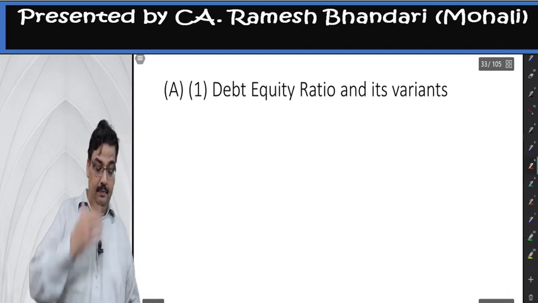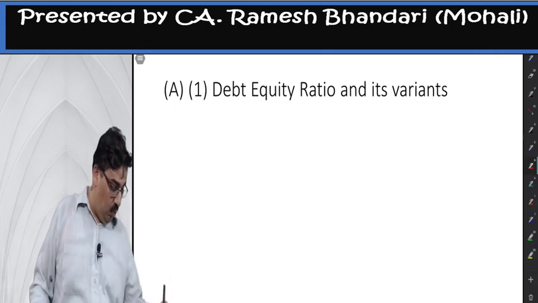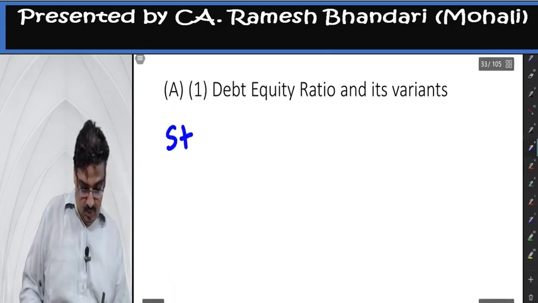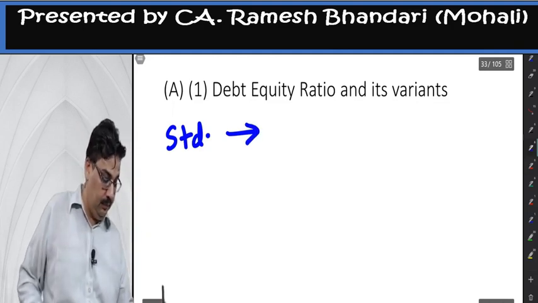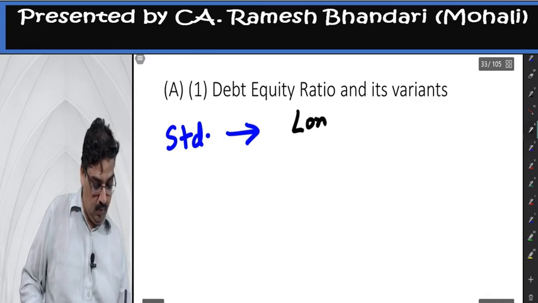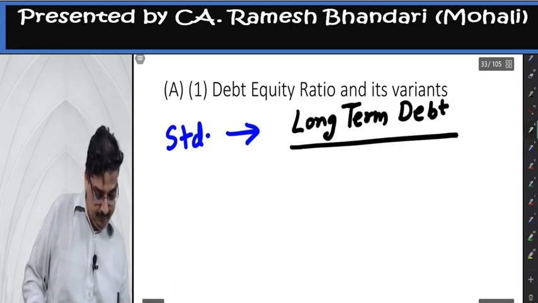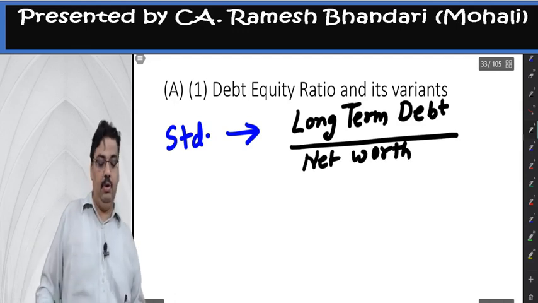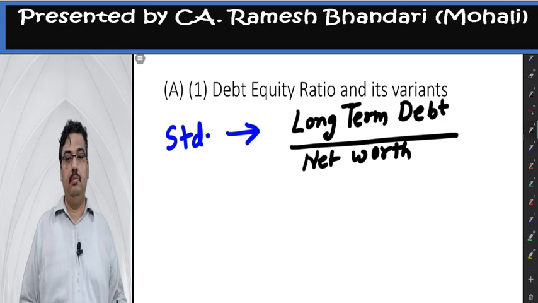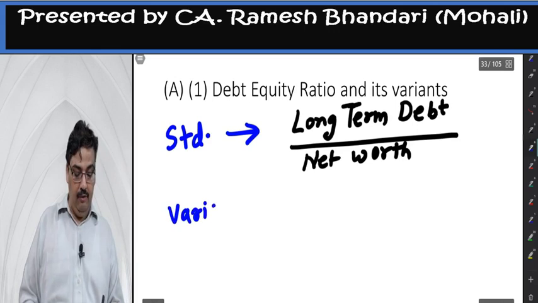Now, the first ratio in category A is the debt equity ratio and its variants. The standard formula that I like to use first of all is long-term debt divided by net worth. But there are authors who use variants.